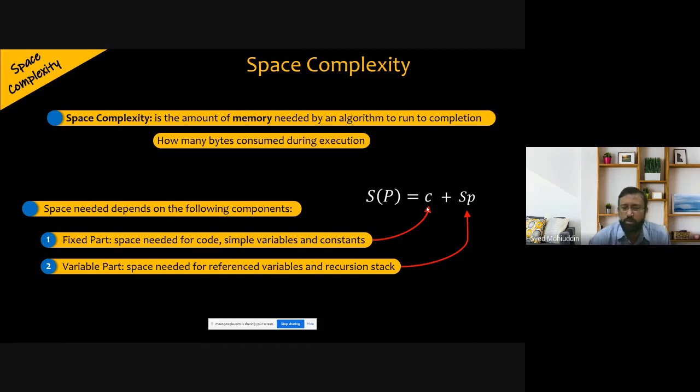But we are more bothered about the variable part, which is used with the reference variables and recursion stack, that is S_P. So it is the constant fixed part plus the variable part, that is the amount of memory needed by the constant as well as the variable part.